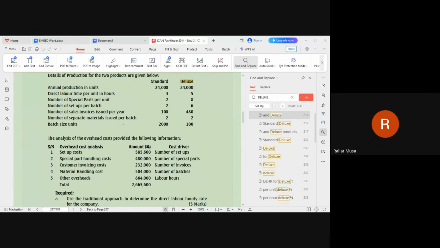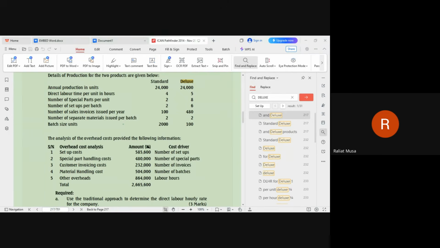I wanted to ask, based on what you just said about this material issued per batch, if I understand you well now, since they said the cost driver is number of batches, we are only going to take the total number of batches. That is after we do the division. Then we'll add it together for the two products, then divide it into our material.